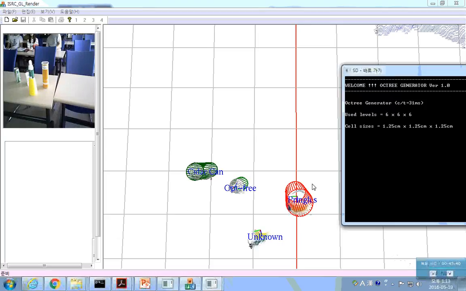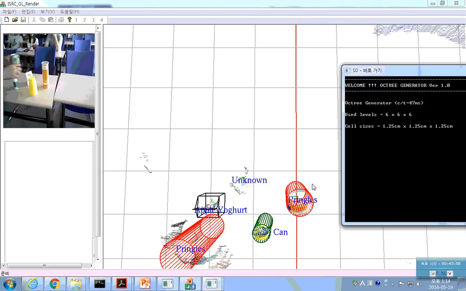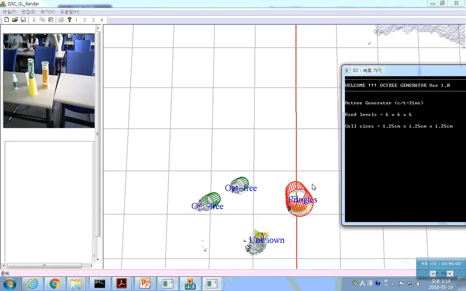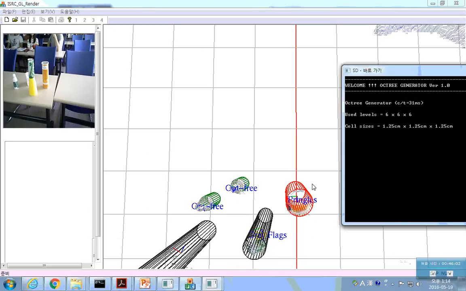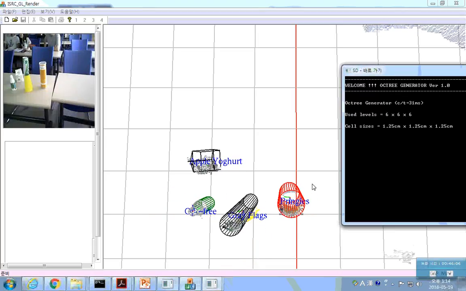I don't have to turn it on, but this one should work. So this is recognized as a completely different object, similar to Pringles.